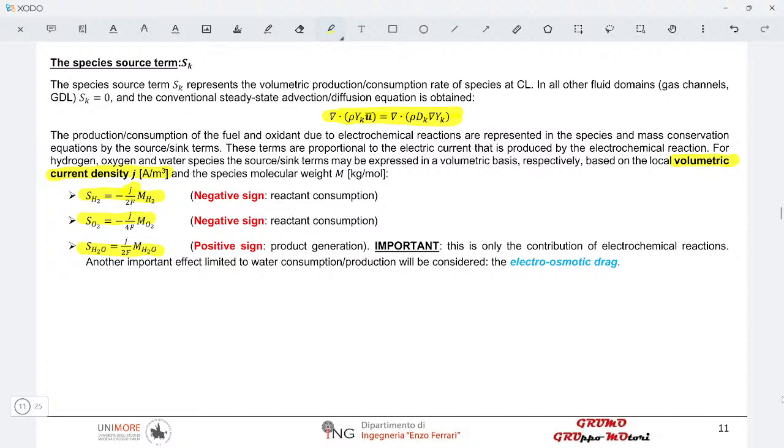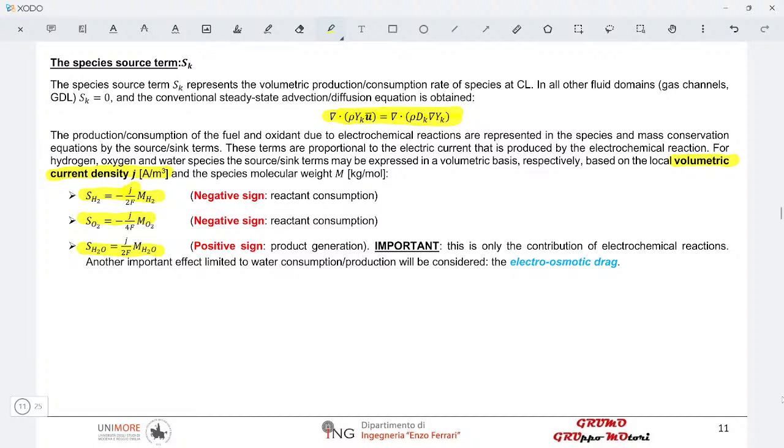And an additional note for water: these expressions here are just related to electrochemistry. For water, there is also another aspect to be considered in the general equation, which is the electroosmotic drag. We will talk about this. Generally speaking, this relates to the hydration state of the membrane.